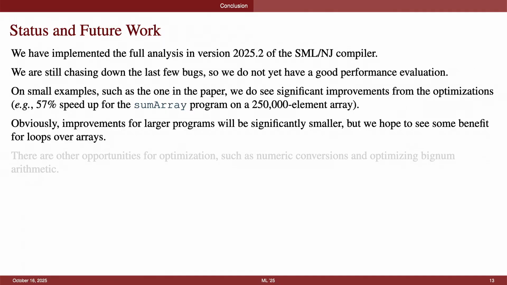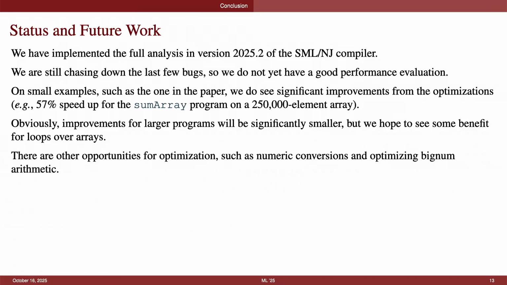I would mention that there are other opportunities for optimization. Standard ML has trapping coercions. When you go from, say, a big integer to a small integer, you have to test whether the big integer will actually fit inside the small integer, and if it doesn't, that causes an overflow exception.